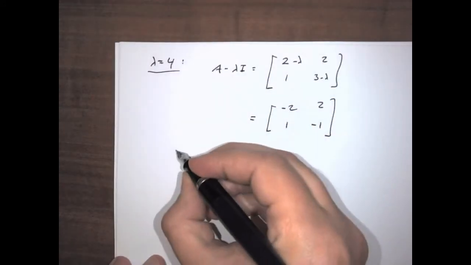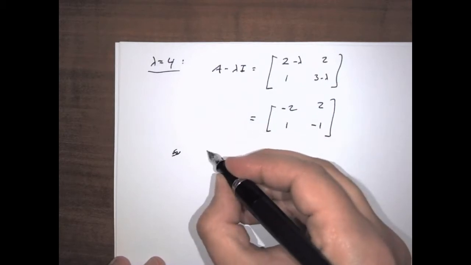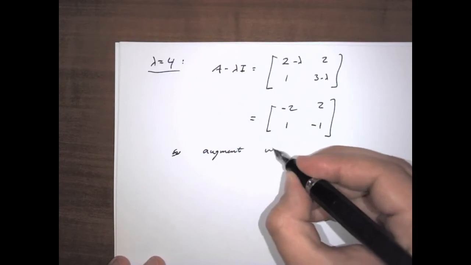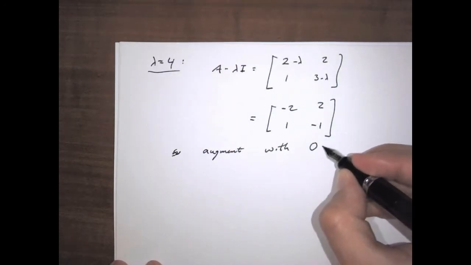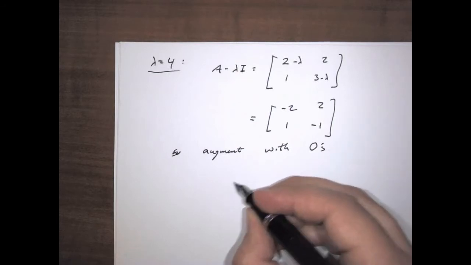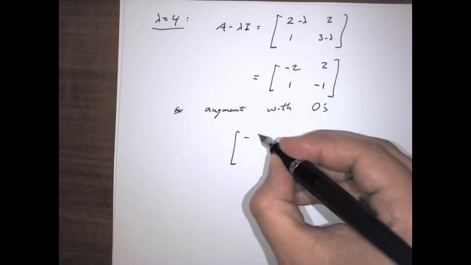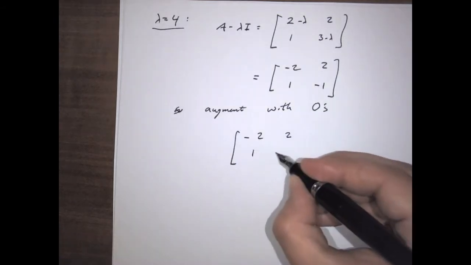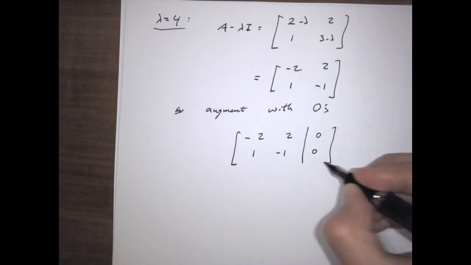So then we just need to augment with zeros. So that way what we've got here is the augmented coefficient matrix negative 2, 2, 1, negative 1 equals 0, 0.